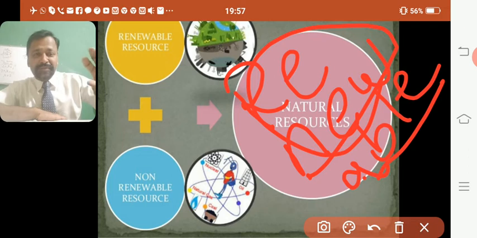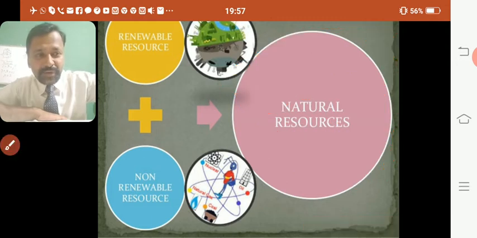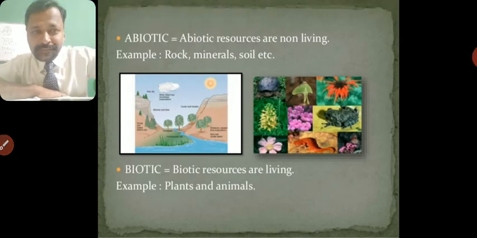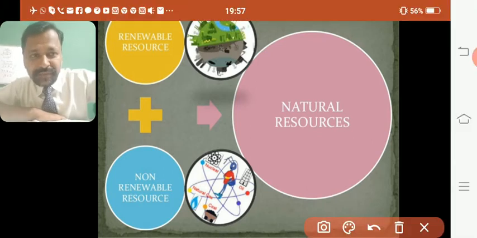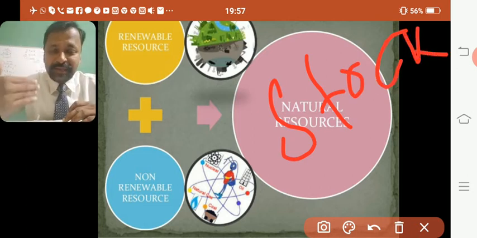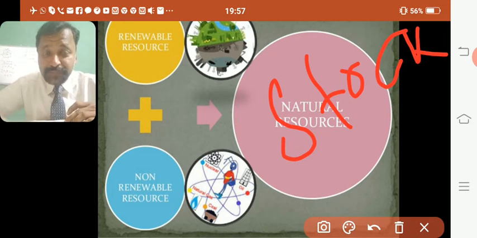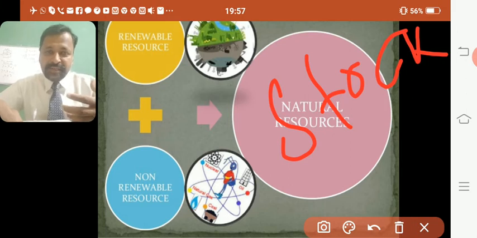So if you talk about natural resources, we can say stock. The stock which can get depleted is called a non-renewable resource, because we are using it at very high speed and developing that stock takes much time.